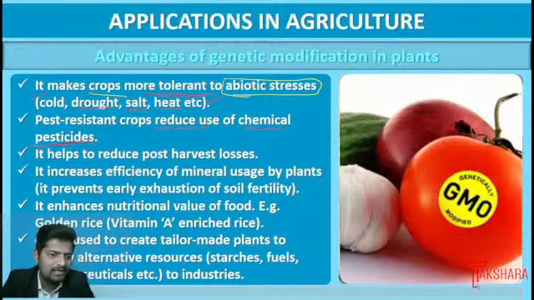Okay, and the next one, among the advantages there is enhancement of nutritional value of food. There is a highly increased nutritional value. For example, vitamin A will be present in the rice plant, golden rice. So the modified variety of the crop, like the rice plant, that modified rice we call golden rice, and it has a highly rich amount of vitamins.